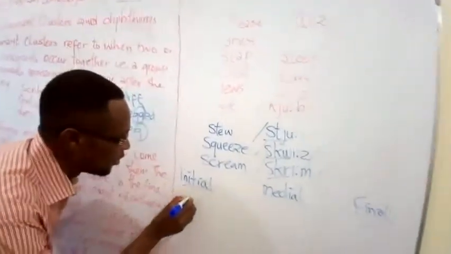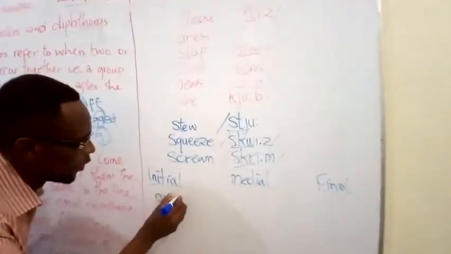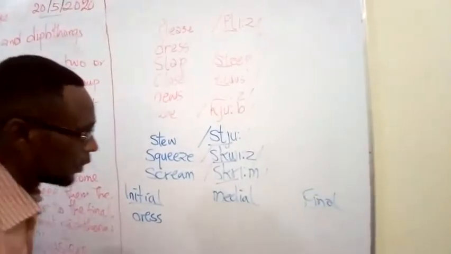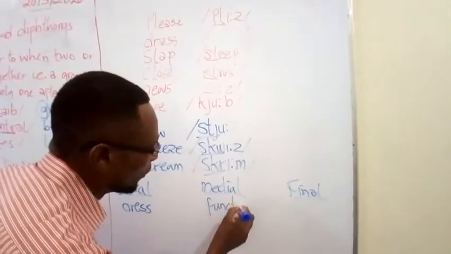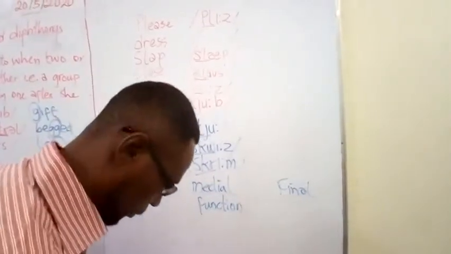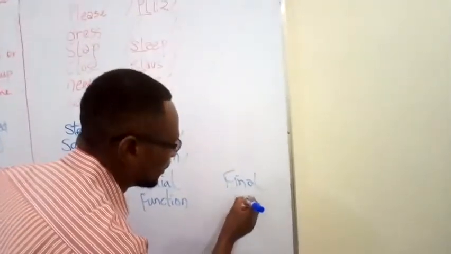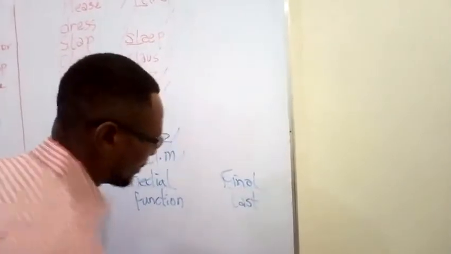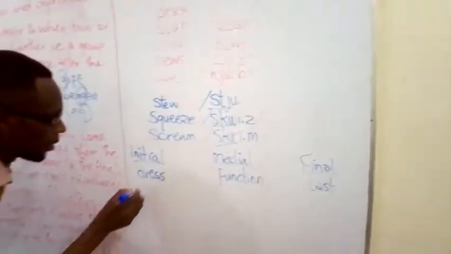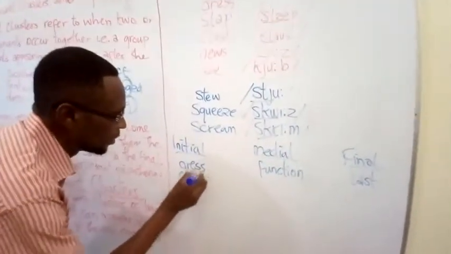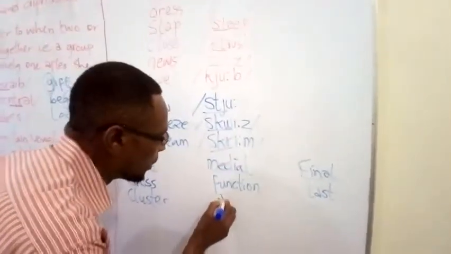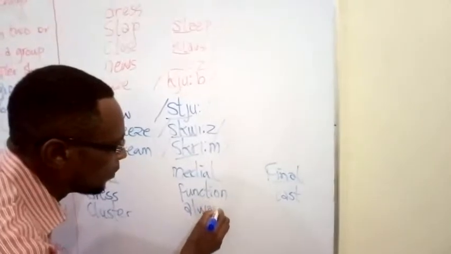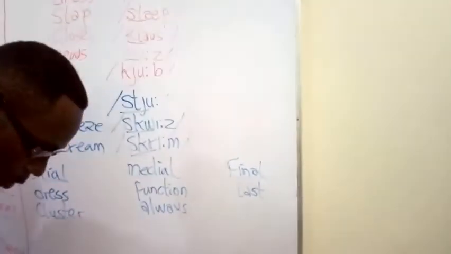For instance, dress. Then you have function. Then you have lest. Then cluster itself is a word. Always.